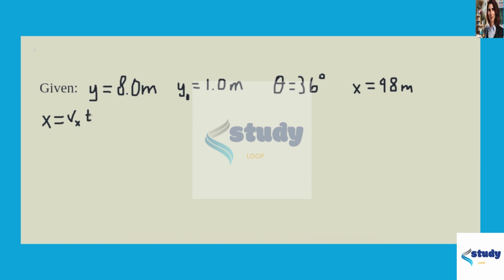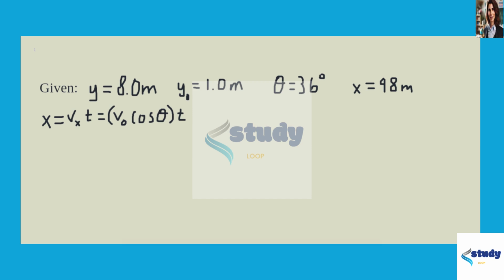But the velocity in the x direction is equal to the initial velocity times the cosine of theta. We can put parentheses around that because that's v of x times the time. So we know x in this equation, we know theta, but we don't know time, and what we're trying to find is v naught.